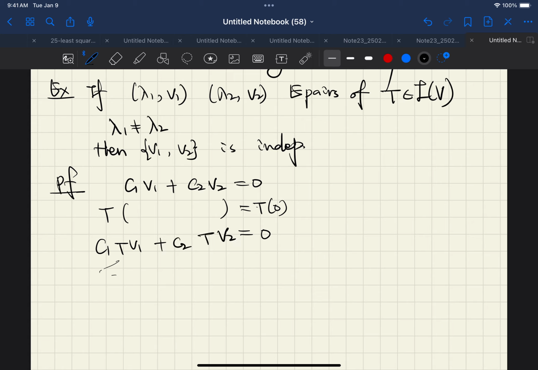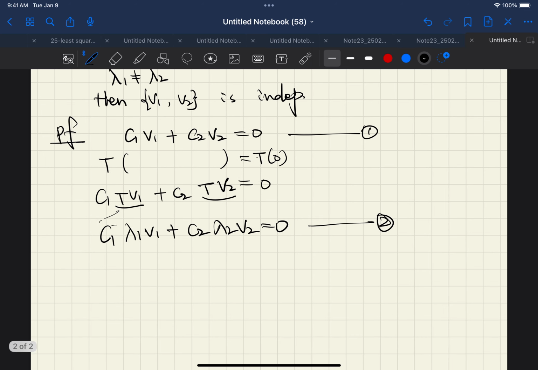That's what we can write. And this is C1 lambda 1 v1 plus C2 lambda 2 v2 equals 0.